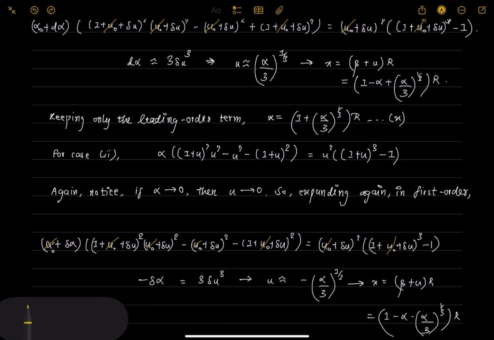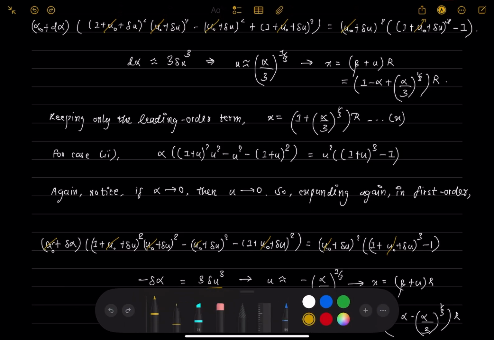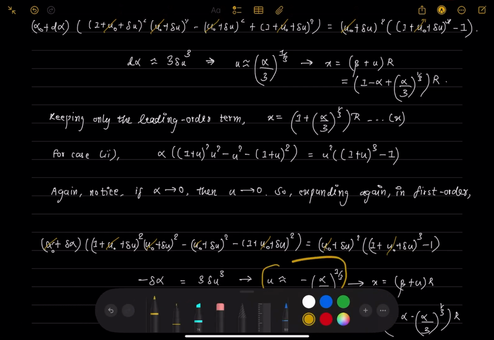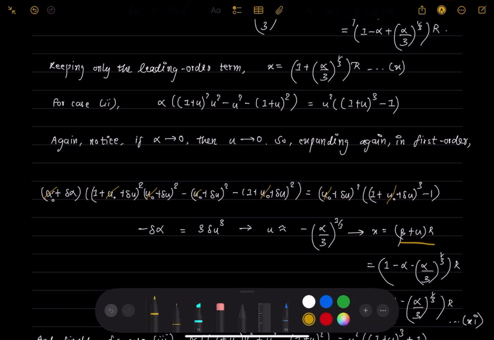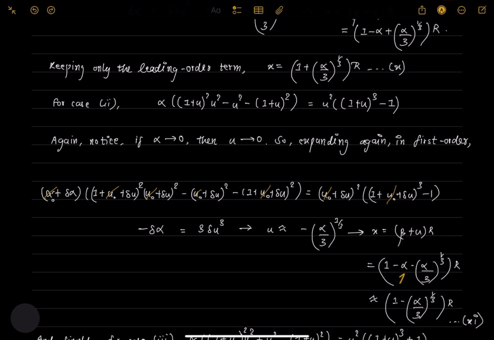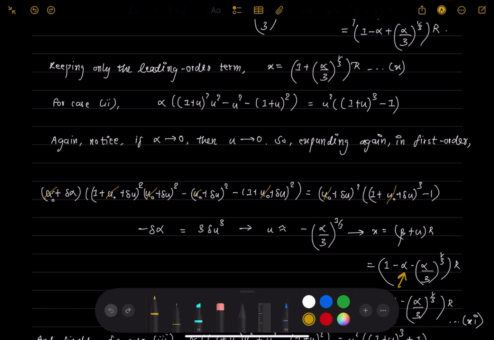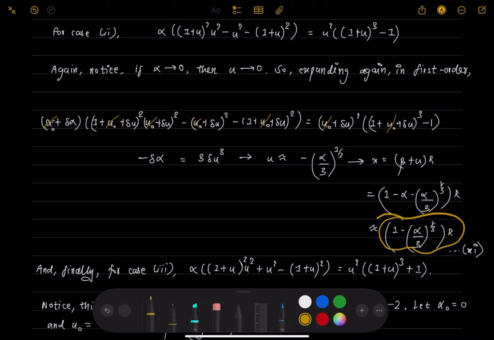Since we're expanding near both of them having the original value of 0, the expanded deviations are the values themselves, and u we can solve in terms of alpha like this. And again, since x is beta plus u times r, and we can safely ignore the term alpha because that's way many orders smaller than alpha raised to the 1 over 3, we can write yet another Lagrange point.